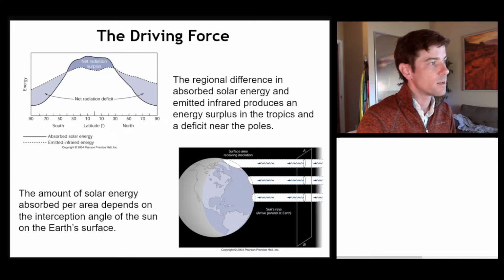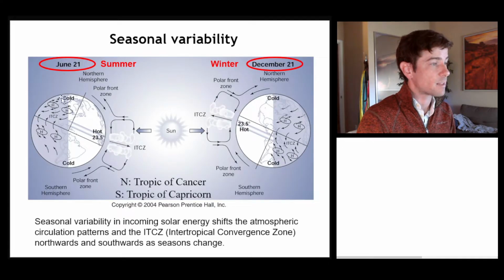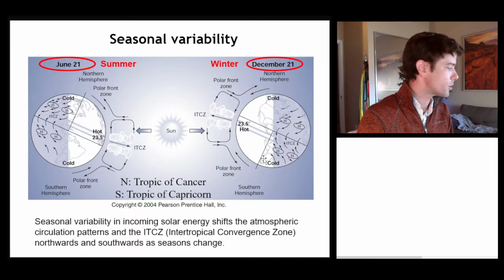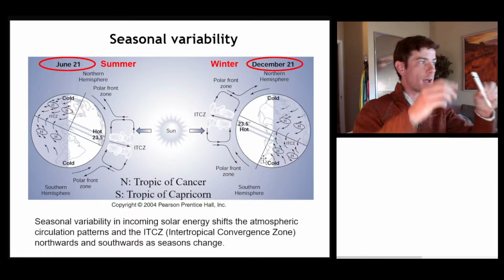This fact, and the fact that our axis has a tilt. And when we're on one side of the sun, the northern hemisphere is tilted toward it. And then 6 months later, when we're on the other side of the sun, it's tilted the other direction, right? The tilt doesn't change. It just sort of goes around the sun like this.